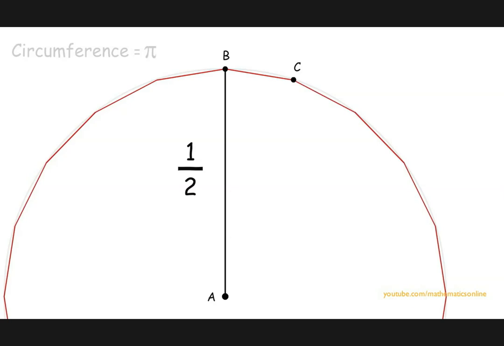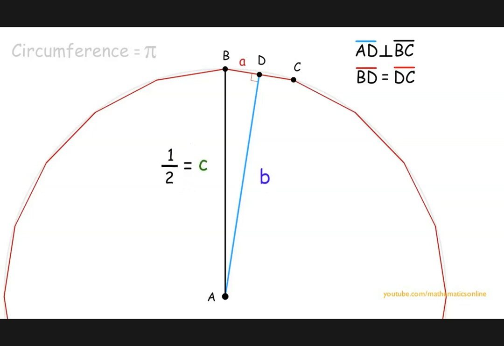Next, with line BC and point A, we construct line AD such that it is perpendicular to line BC. And incidentally, point D bisects line BC. So triangle ABD is a right triangle with sides A, B, and C, and an angle called theta.